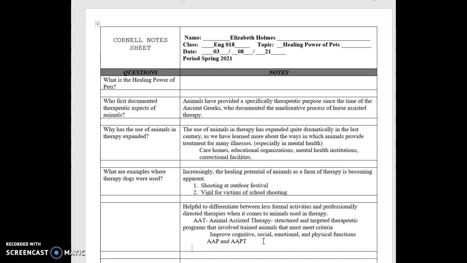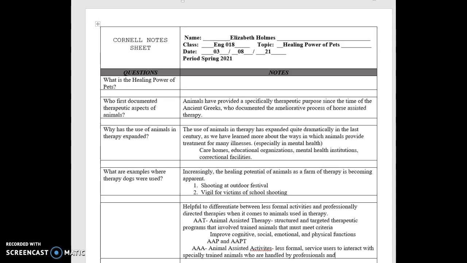Oh, sorry, I started off here with AAT, so I'm going to start off with AAA and the definition, animal assisted activities, less formal, that provides service users to interact with specially trained animals who are handled by professionals and volunteers.